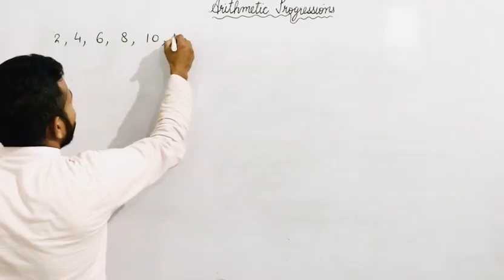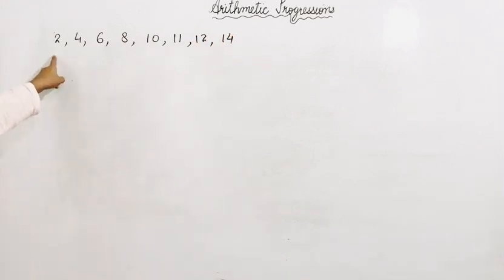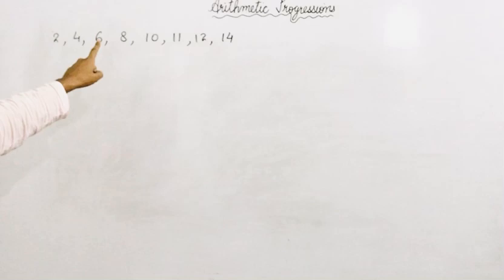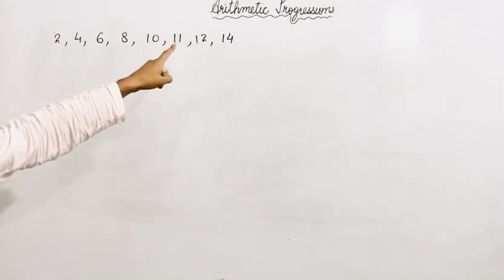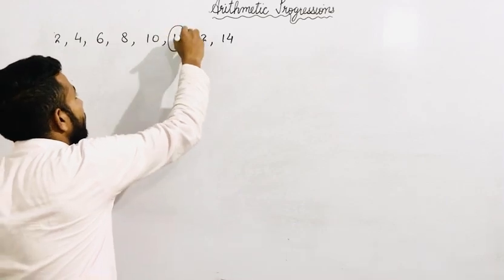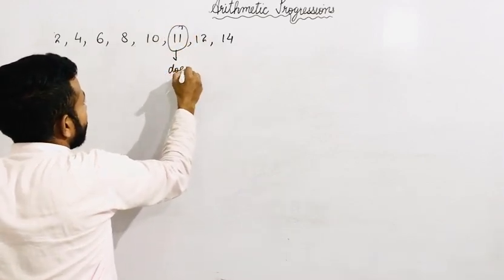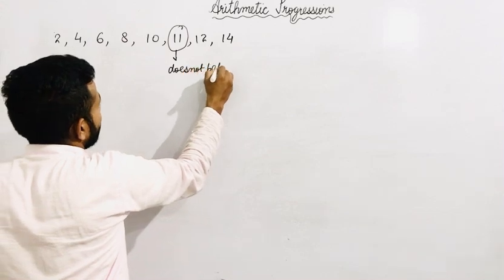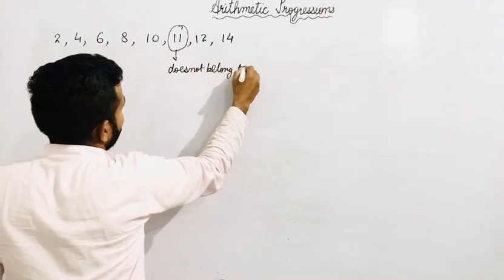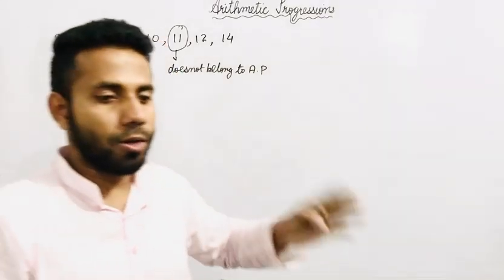After 10 we write 11, we write 12, we write 14. So looking at this AP 2, 4, 6, 8, 10, 11, 12, 14, you can clearly say that this number 11 does not belong to the AP.